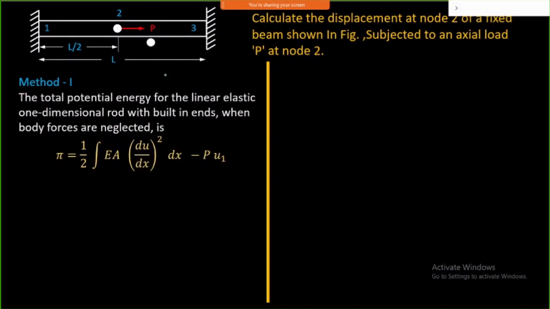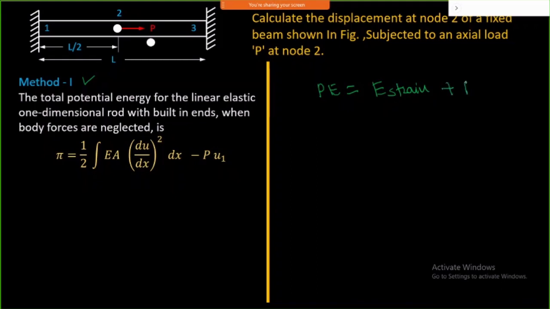When we are going to do this, there are two ways by which we can determine it. First of all, we look at method one. In this method one, we need to determine the total potential energy of the system. The potential energy in this case is the energy due to strain, that is one energy.